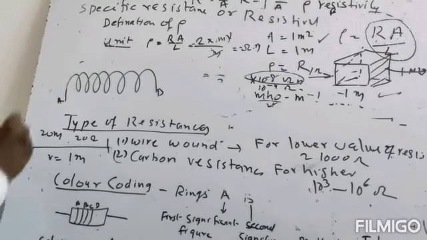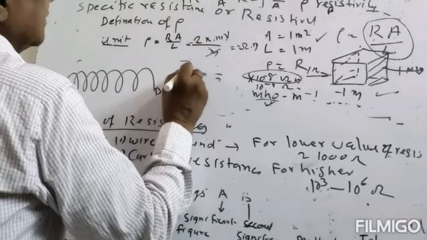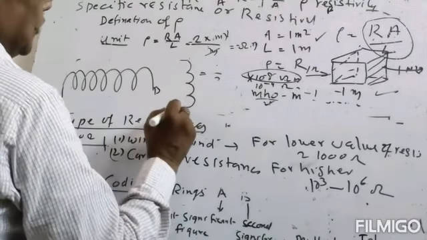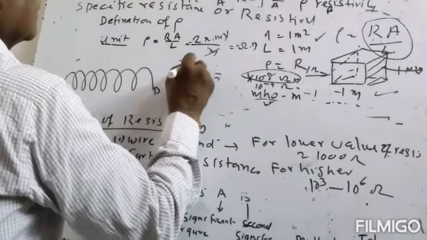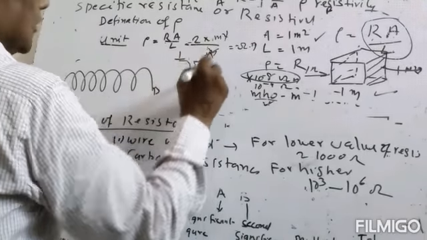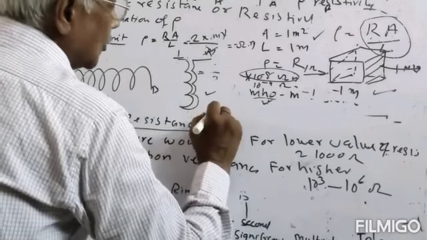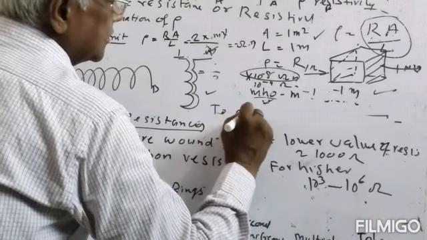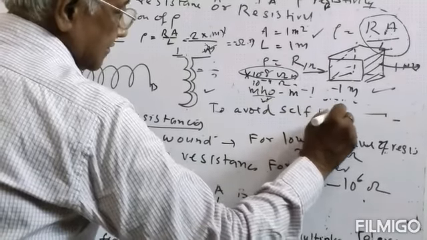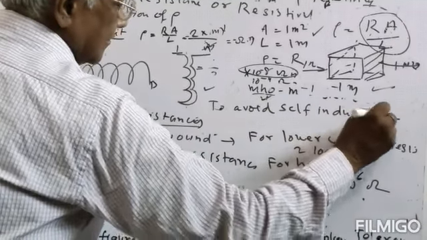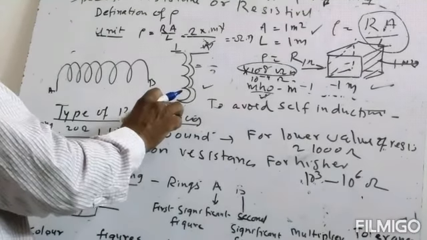Actually it is not done like this. Actually we will take the wire and fold it twice, and then we make it. This is one end, this is the other, to avoid self-induction.